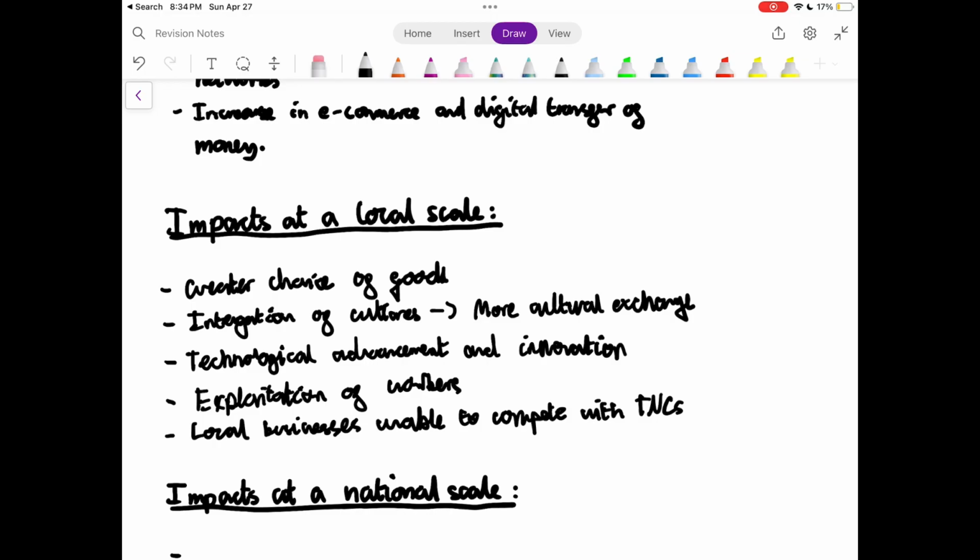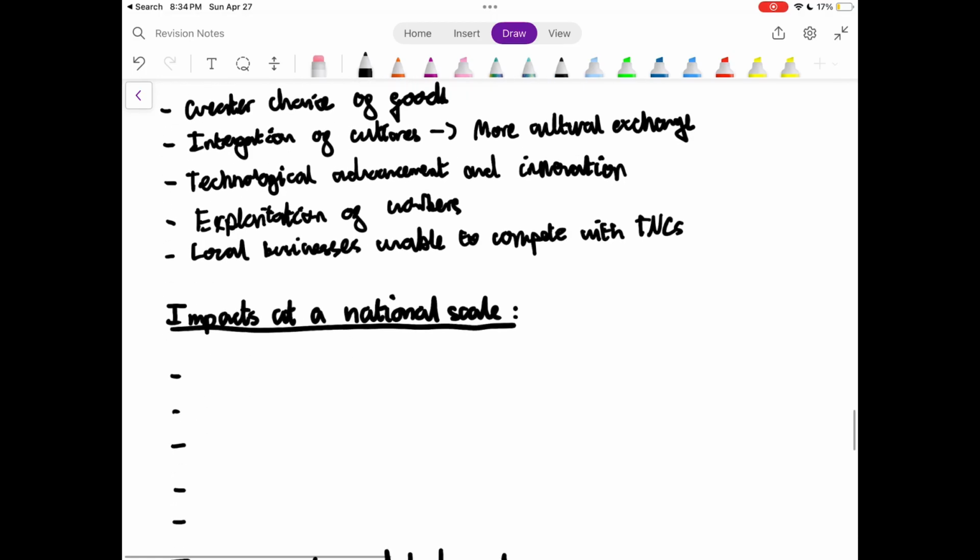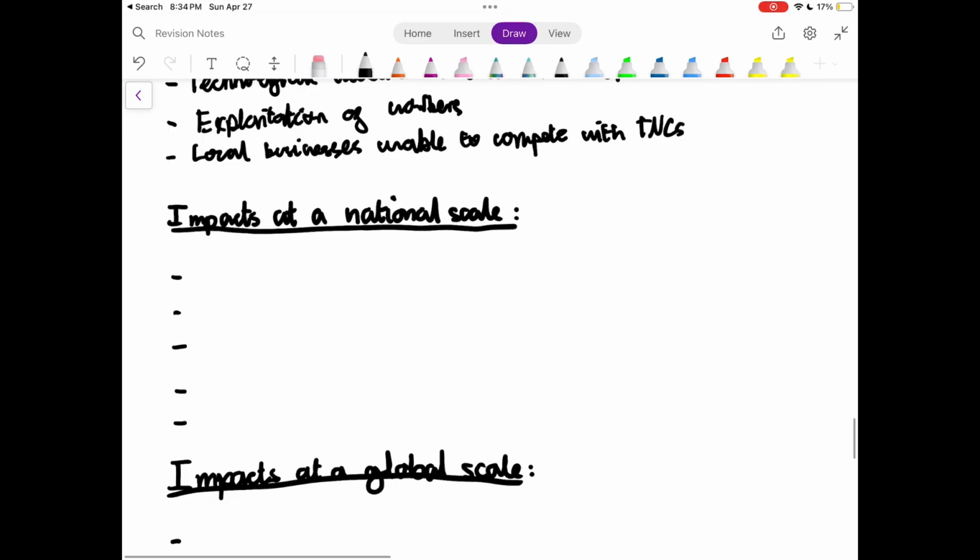So as you can see, there are both positive and negative impacts that globalization can have on a local scale. And these positive and negative impacts also apply to impacts at a national and international scale, which we'll go more into depth now. So at a national scale, there are high levels of education and senior leadership.